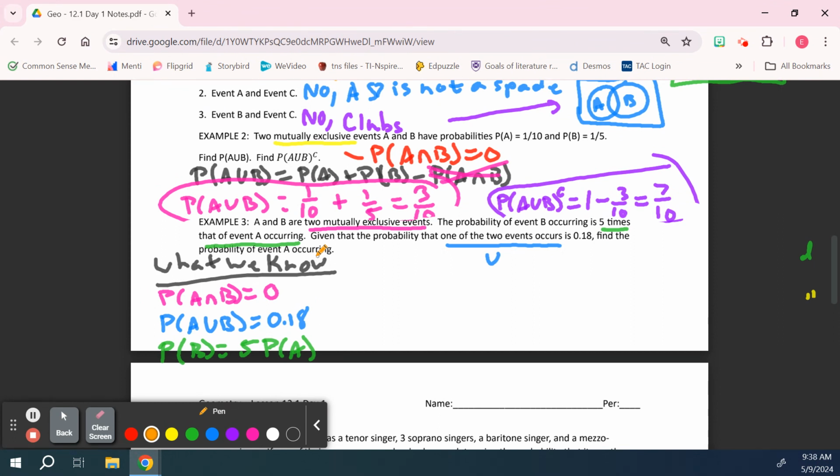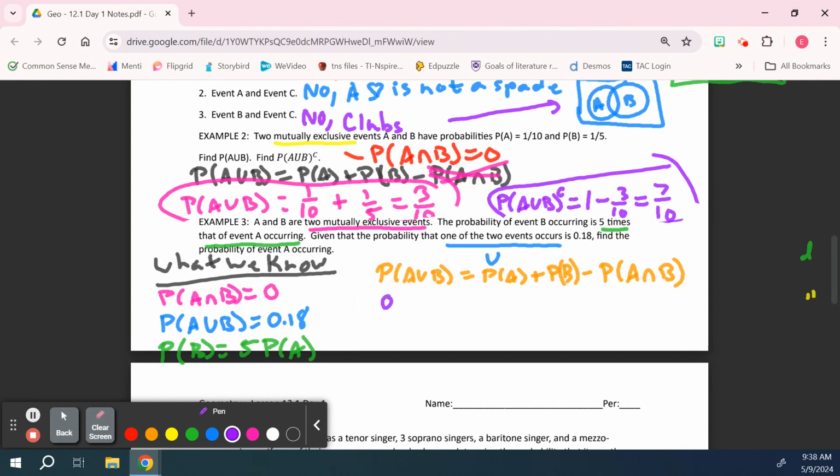So now what we're going to have is, if we take a look, we are going to substitute all this information into the probability of A union B, just using our addition rule, equals probability of A plus the probability of B minus the probability of A intersect B. So this we know.